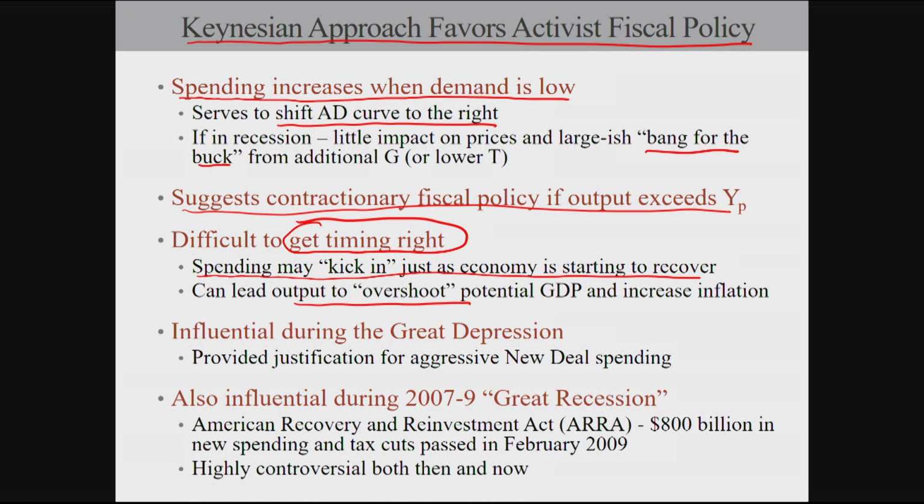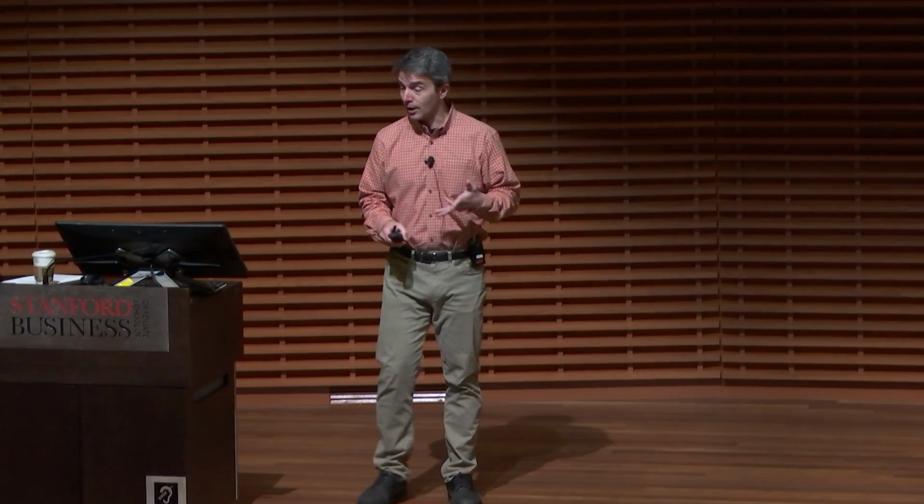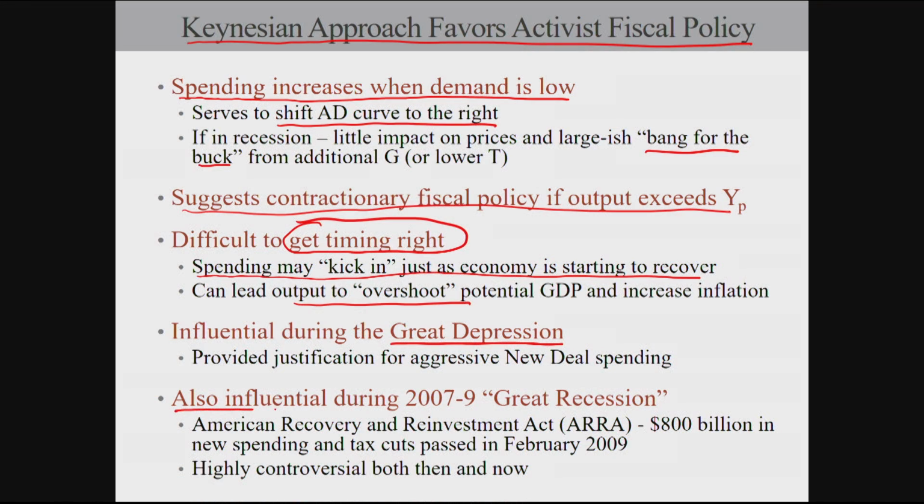Okay? The Keynesian approach was hugely influential in the US and around the world during the Great Depression, and it provided the justification that FDR and other policymakers needed for really aggressive spending on what was called the New Deal. But it was also very influential in the last year of the George W. Bush administration, and soon after when President Obama took office.